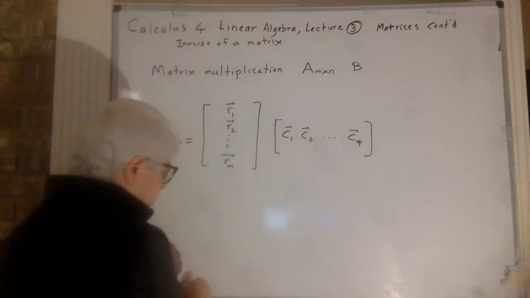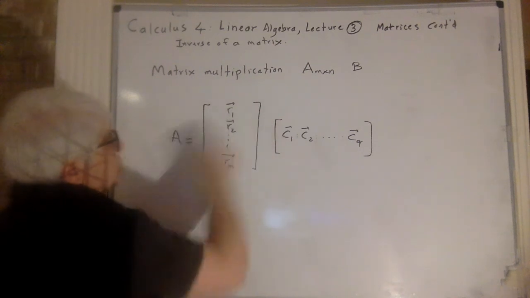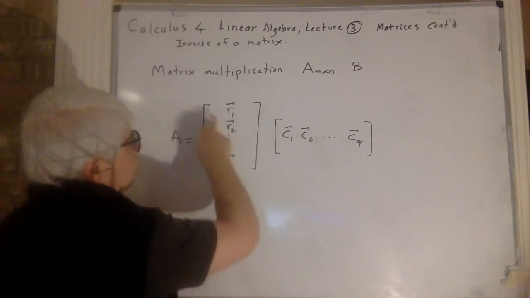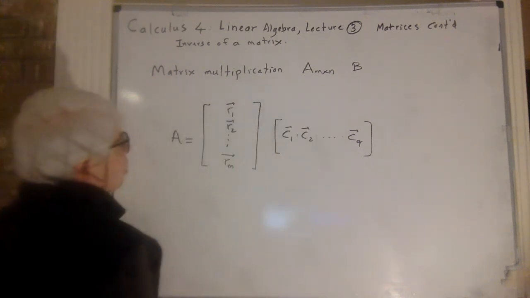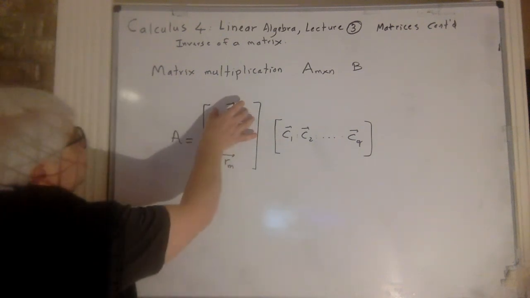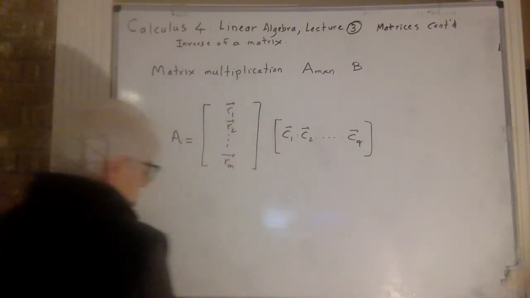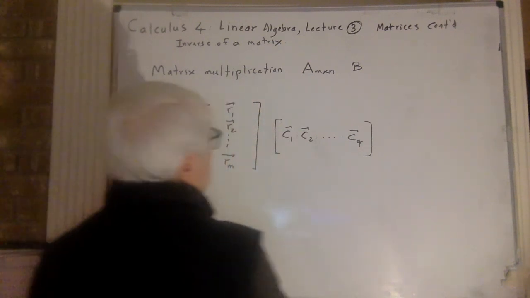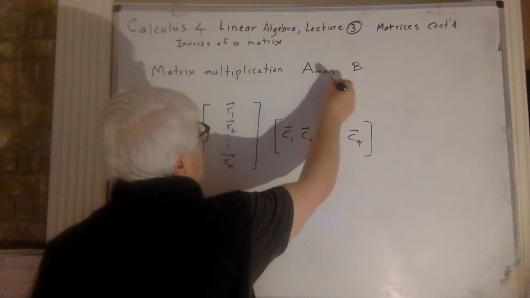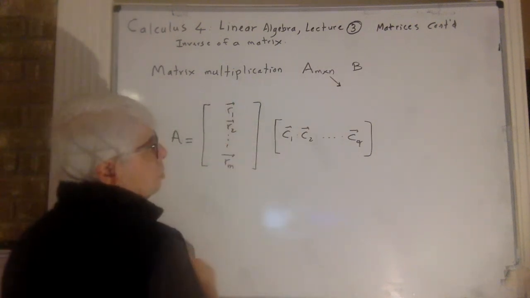Now I'm going to multiply this by this: R1C1, R1C2, up to R1CQ. And this should have the same number of terms as this. The number of terms here is, in fact, this n. That's the number of terms in any row.